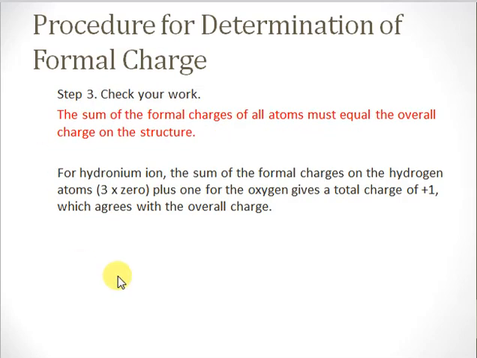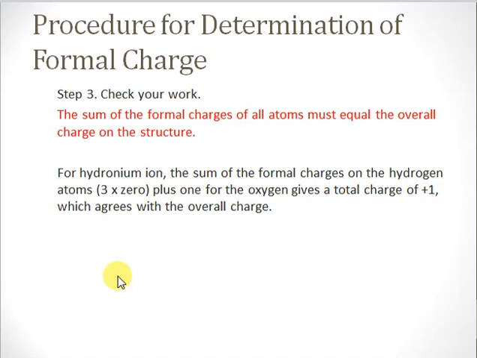The third step, once you have calculated all the formal charges, is to sum all of the formal charges, and the sum must always be equal to the overall charge on that molecule. For example, we saw that the hydronium ion has a +1 charge. So if we sum up all the charges we have calculated, the sum should be +1.